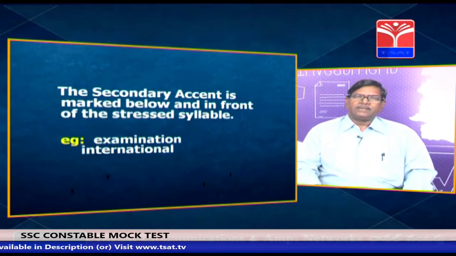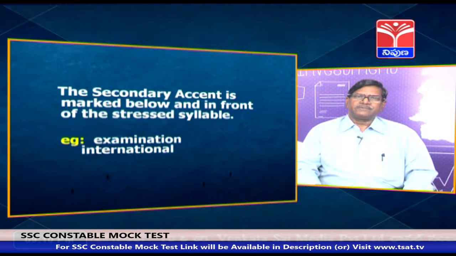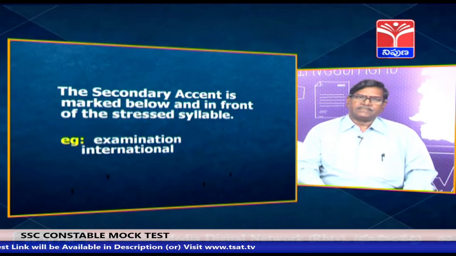That way, in the case of all polysyllabic words, one syllable gains more importance and it is said to receive primary accent, and another syllable which gains less prominence is said to receive secondary accent. So, in the case of polysyllabic words, two syllables gain stress. One syllable is said to receive primary accent, another syllable is said to receive secondary accent.